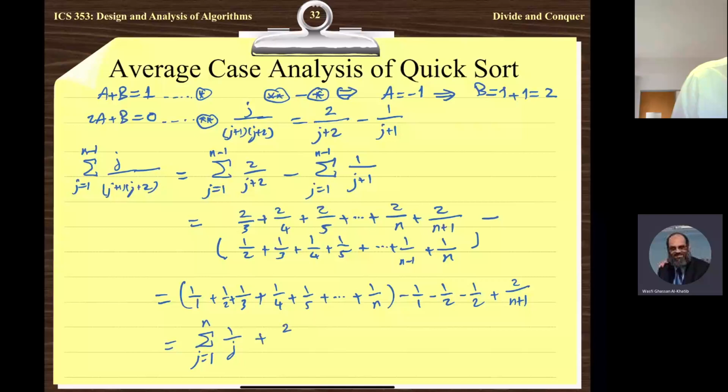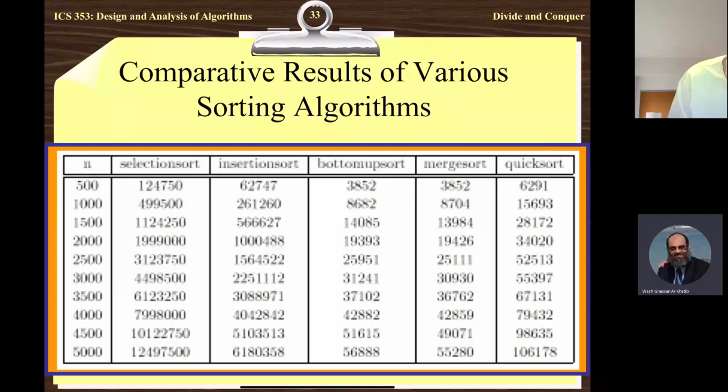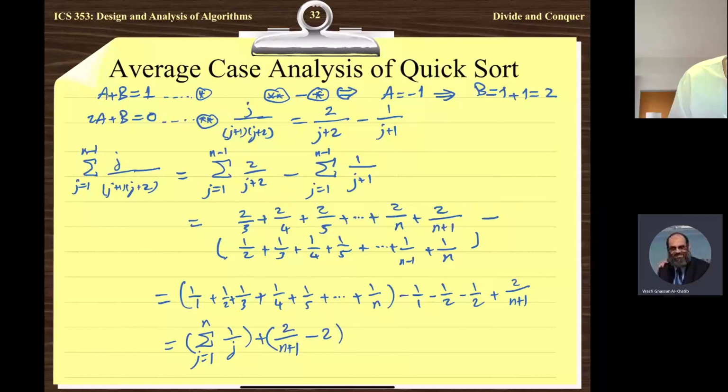Plus 2 over n plus 1 minus 2. So I have the summation of 1 over j from j equal 1 to n plus 2 over n plus 1 minus 2. So now I need to evaluate this summation.